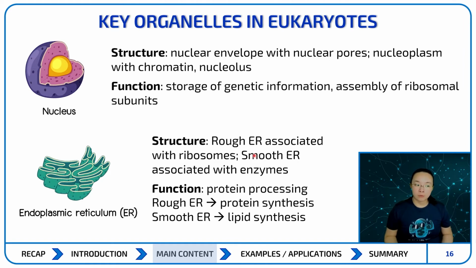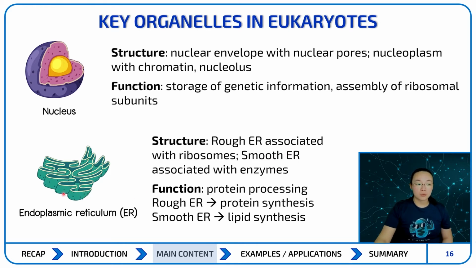And when there are ribosomes, usually what you can do is assume that they're going to have a role in protein synthesis. As a result, your rough ER is going to play a role in protein synthesis. But looking at the smooth endoplasmic reticulum, this picture actually represents rough ER because it's got the dots here to represent the ribosomes.